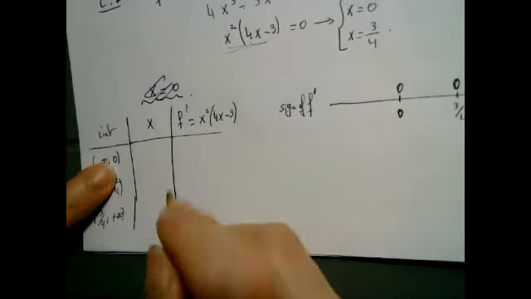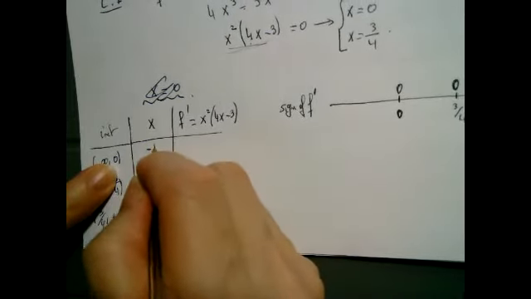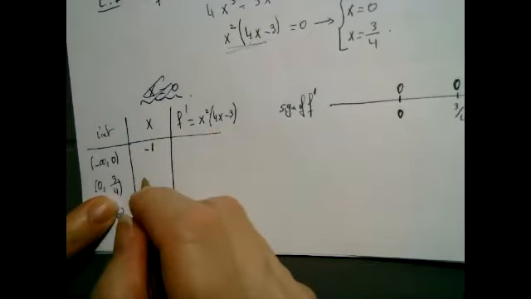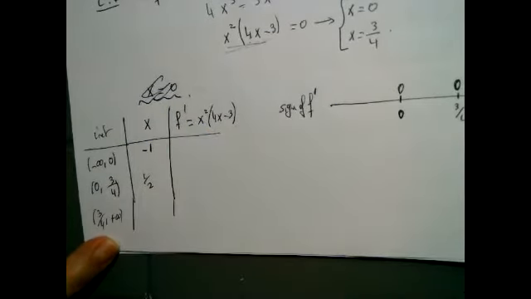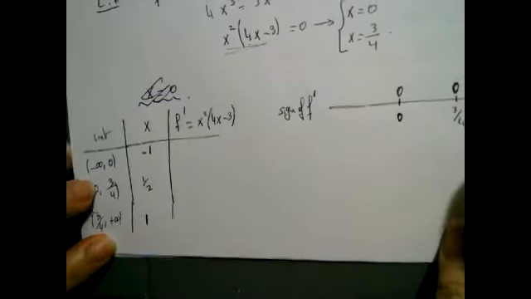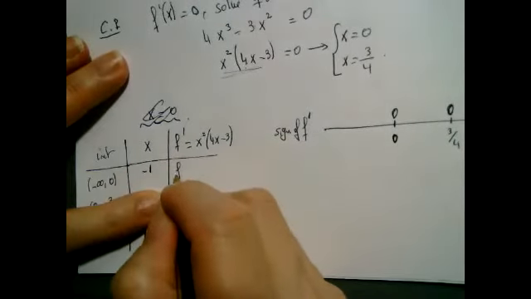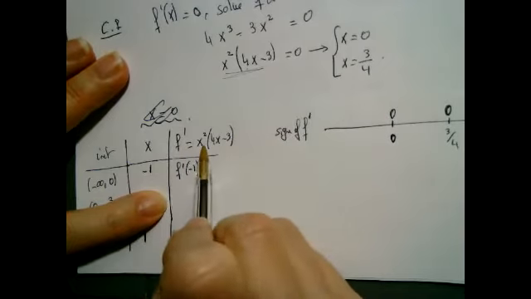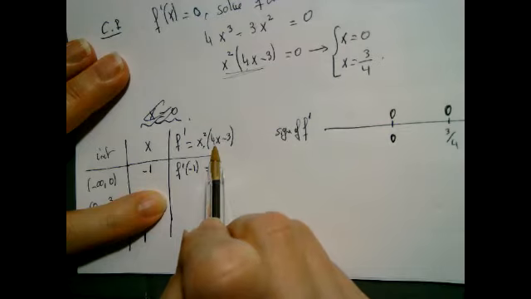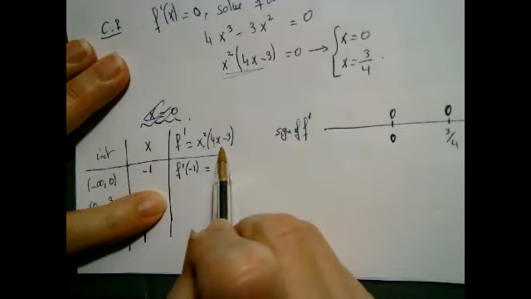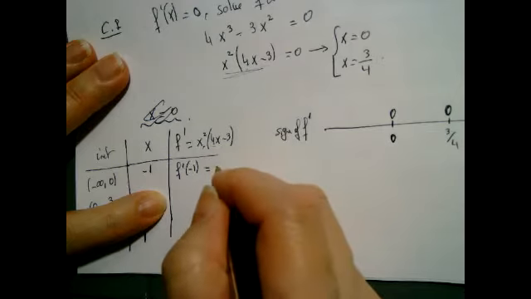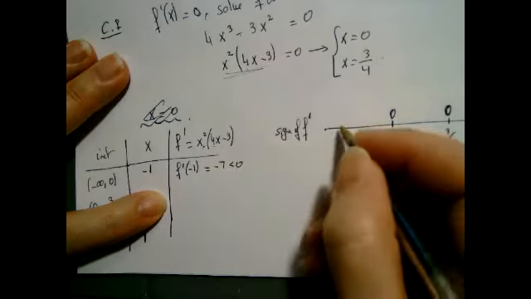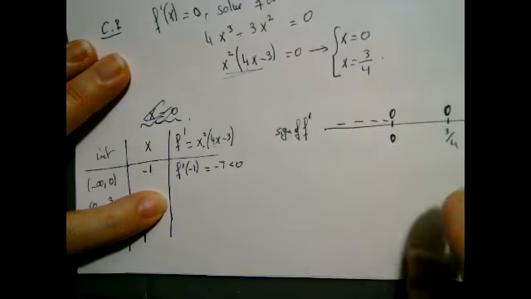Okay. From minus infinity to 0, I will work with -1. This is a half, and this is 1. All right, at -1, let's evaluate the derivative. So this is going to give me -1 squared, which is positive, times, I put -1 here, I will have -4 -3, -7, which is negative. So the derivative is negative.